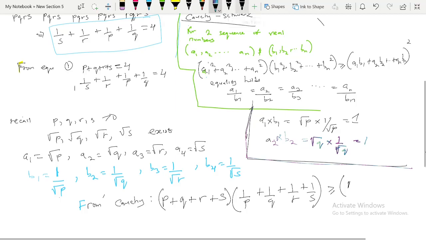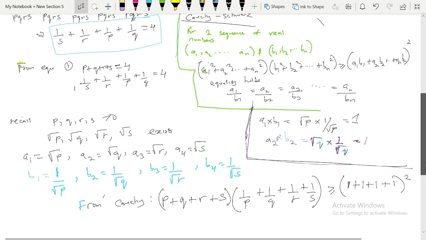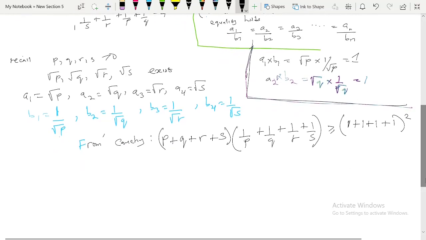So that's where these ones are coming from. You can do the same thing for the rest. So you have this greater than or equal to 1 plus 1 plus 1 plus 1, all squared, right? Which is 16.